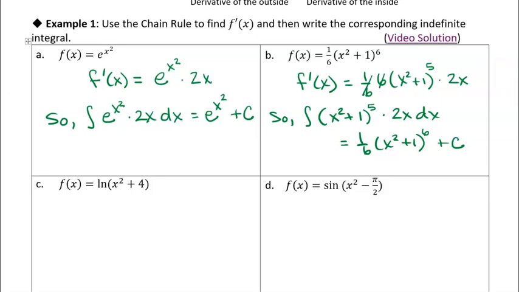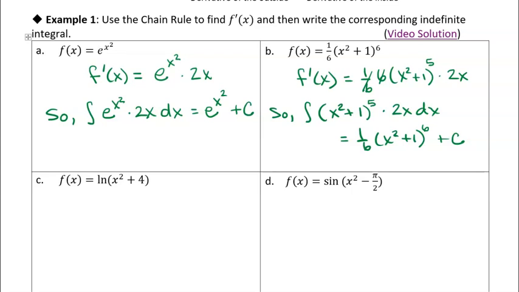These are going to be pretty repetitive here because, you know, you can kind of see where we're going. We've got the same x squared as the inside part of the inside function on all of these. So feel free to pause the video, try these on your own. I'll just go through them. The derivative of ln of x squared plus 4, right? We take the derivative of the outside function, that's the ln.